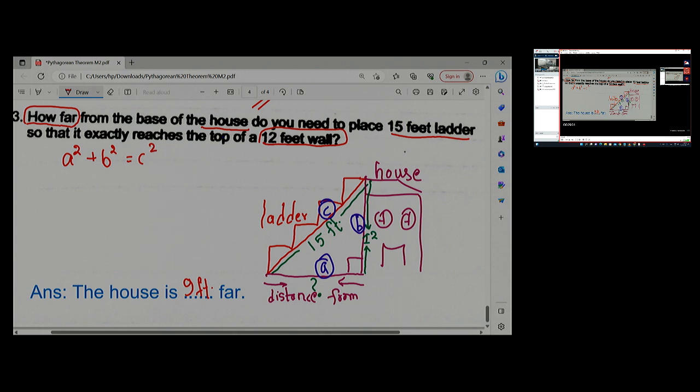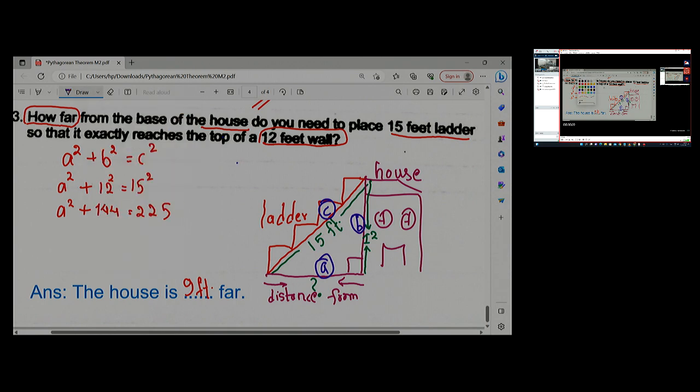A is, we don't know. B is 12? How much is C? 15. So we get A square plus 12 square is 15 square. 12 square is 144 and 15 square is 225.